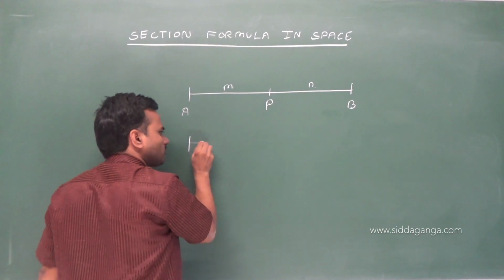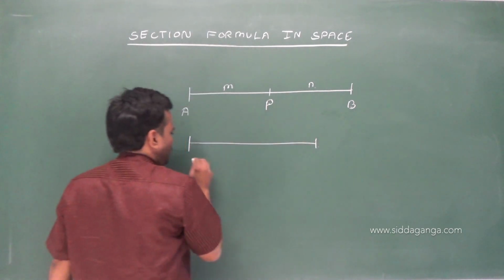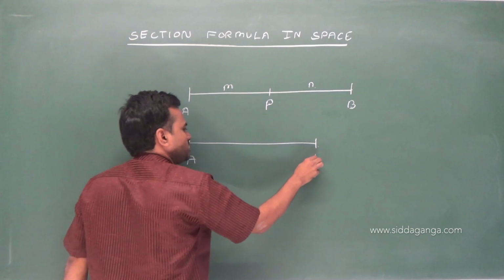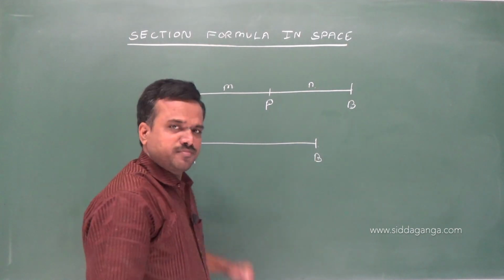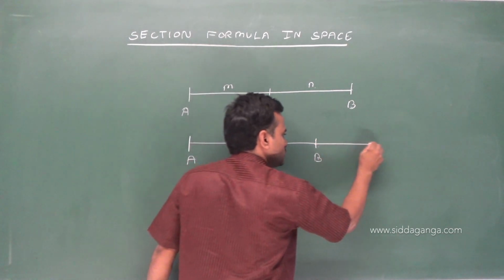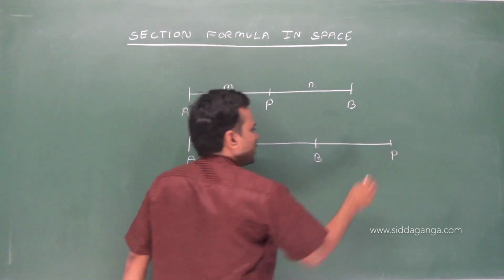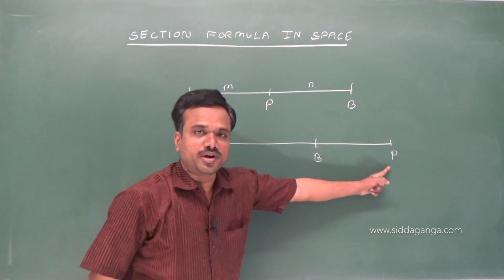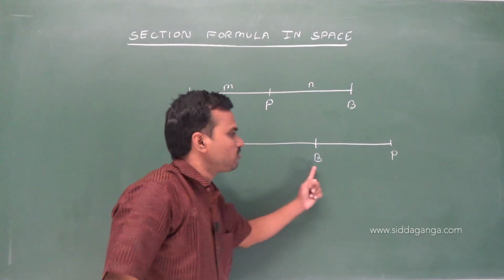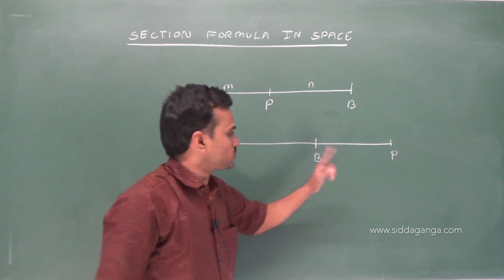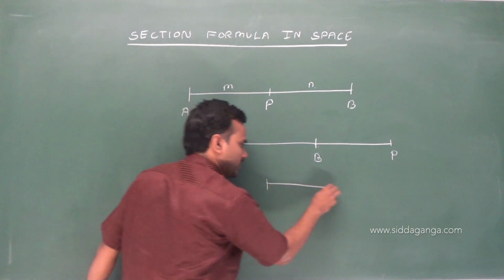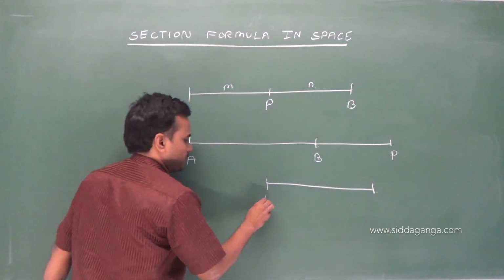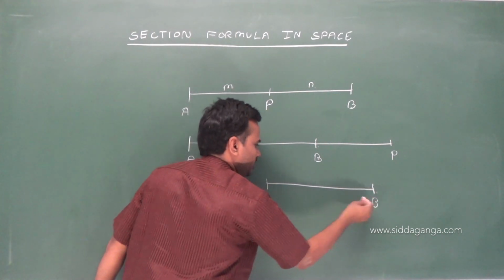Suppose these 2 are the points in space, A and B. Now let P be a point lying outside of AB. One more I draw: A to B, the line joining 2 points.